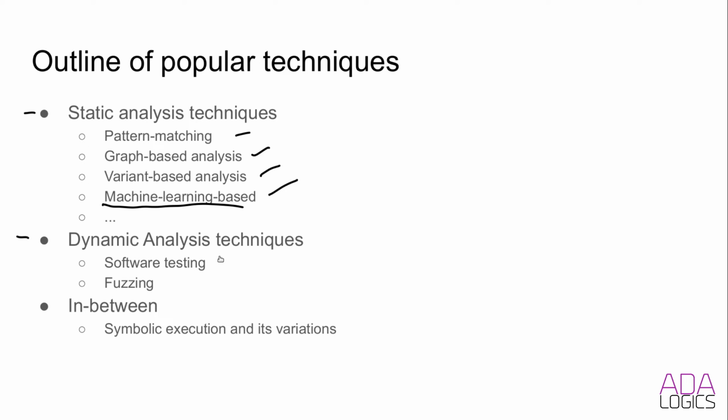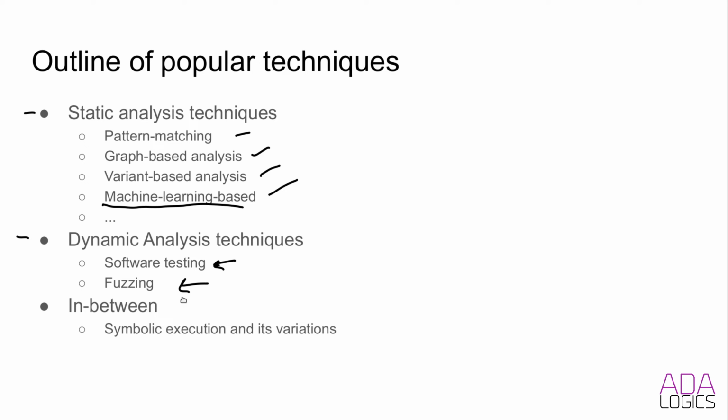For dynamic analysis techniques, there are two primary ones, and the first one is, of course, software testing. Software testing has been around for a long, long time, and is perhaps the most used dynamic analysis technique out there. Secondly, fuzzing, which is the one that we are going to talk about in this lecture, is also a dynamic analysis technique.